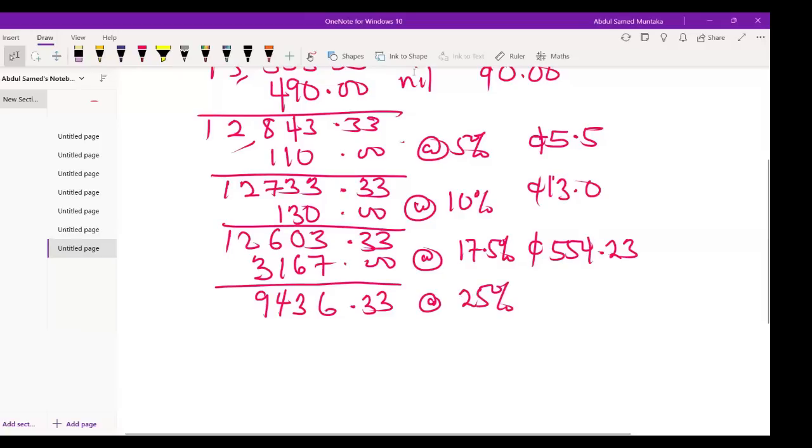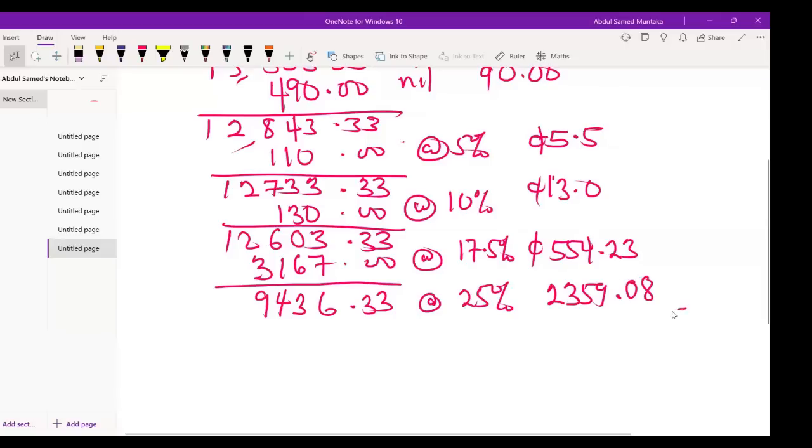What will be 25% of 9,436? 2,359.08. Good.